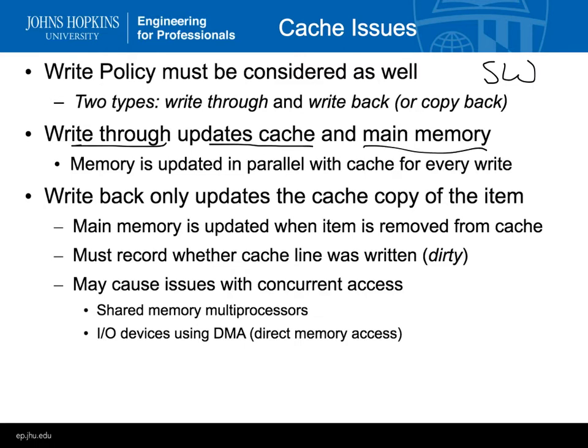So we really don't get any advantage to having something in the cache on a write. Write back only updates the cache, so that's going to be a lot faster. But then main memory has to be updated when the item is removed from the cache, and we have to keep a record of whether that main memory is dirty because the cache was updated.